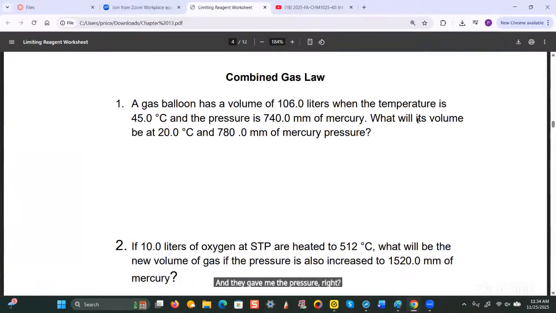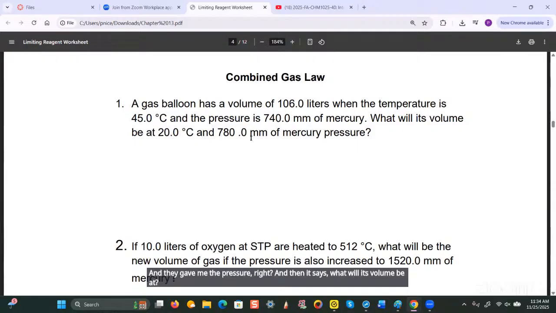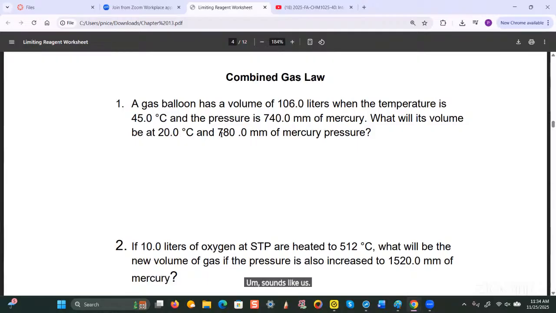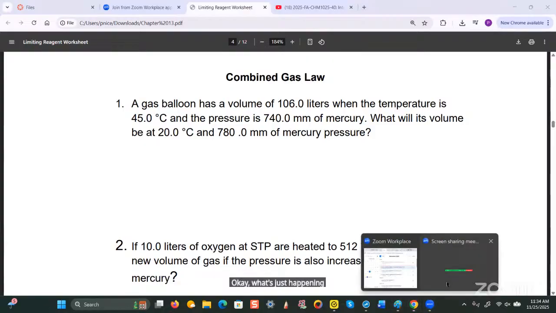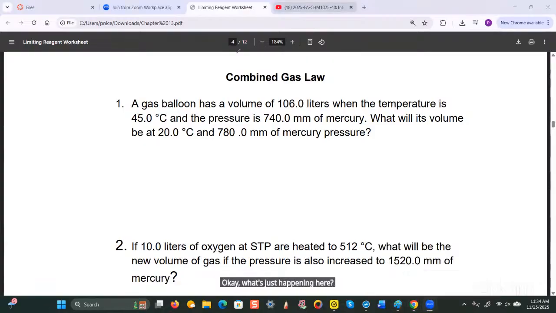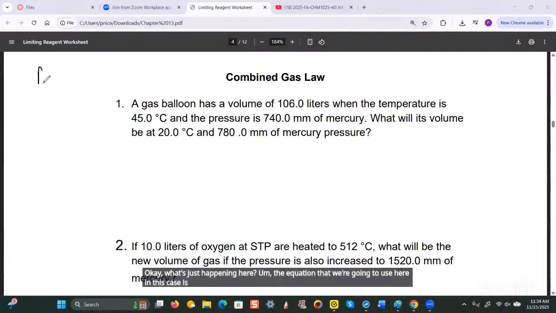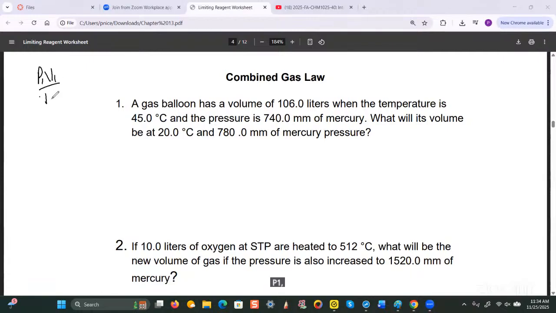And then it says, what will its volume be at 20 degrees Celsius and 780 millimeters mercury, right? So just to remind you, okay, what is happening here? The equation that we're going to use in this case is the combined gas law. P1 V1 over T1 is equal to P2 V2 over T2.